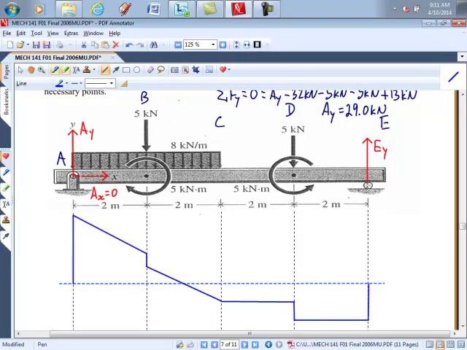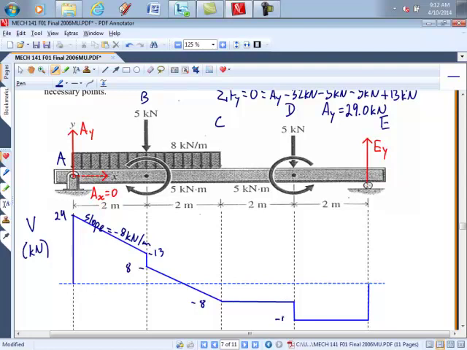So let's write in those numbers we were saying. So this is 29. This is slope of -8. And this is 3 kilonewtons. That's kilonewtons per meter. So this value was 13. This value was 8. This value was -8.